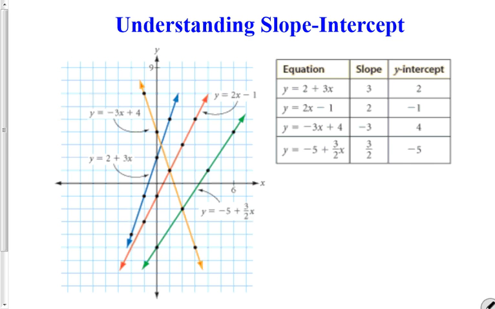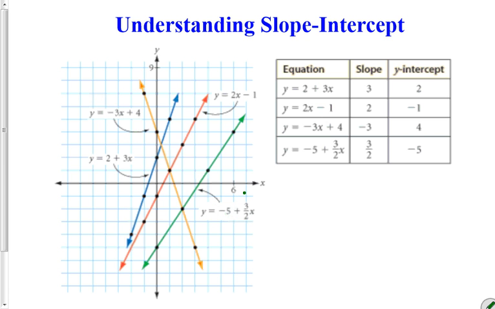And then finally, we have the green graph. We have the equation y equals -5 plus 3/2 x. Looking at the graph, there's the green graph, of course. And the equation, our constant is -5, and that is our y-intercept right there, y equals -5.